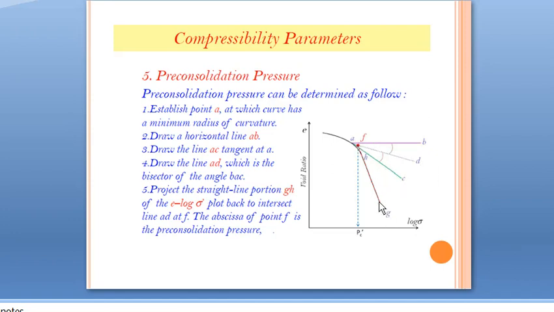Then extend the straight line portion of the curve, that is GH, in the backward direction till it meets the line AD, and that meeting point is F. Then extend the point F to the x-axis, and that point, PC, is the pre-consolidation pressure.